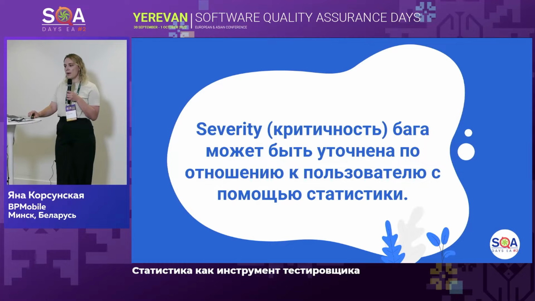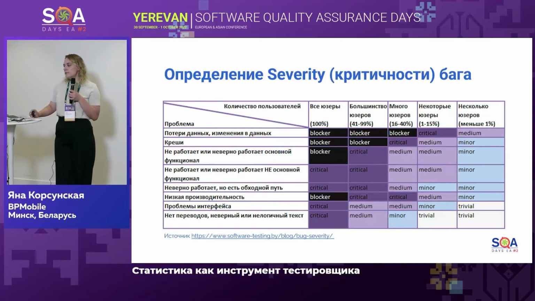But we all know that there are plenty of companies using one of the testing principles, in other words, that testing depends on the context. Many companies adapt severity to their processes and their needs. In other words, the user statistics can also influence this.